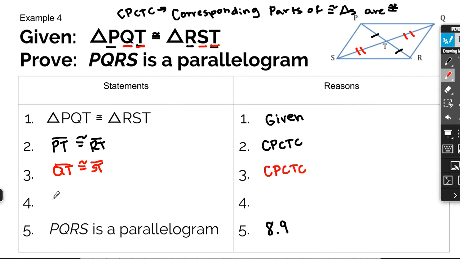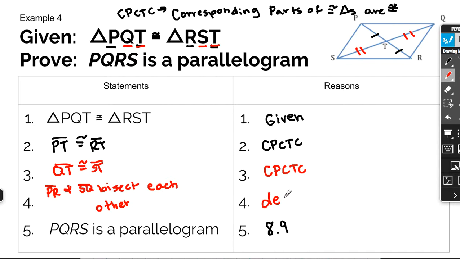So that will say, we're going to use the whole segment, PR and SQ bisect each other. And since bisecting means that it cuts into 2 congruent parts, that's the definition.